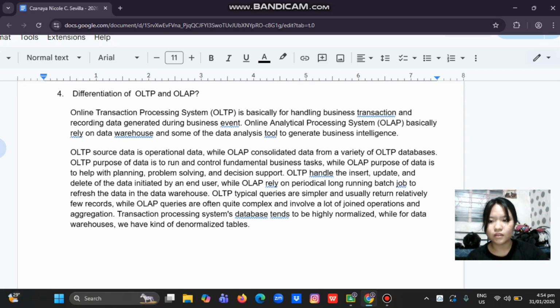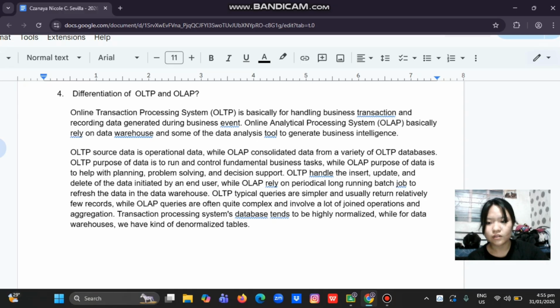Number four, differentiation of OLTP and OLAP. Online Transaction Processing System, or OLTP, is basically for handling business transactions and recording data generated during business events. Online Analytical Processing System, or OLAP, basically relies on data warehouse and some data analysis tools to generate business intelligence.